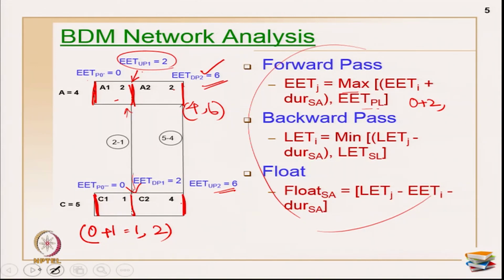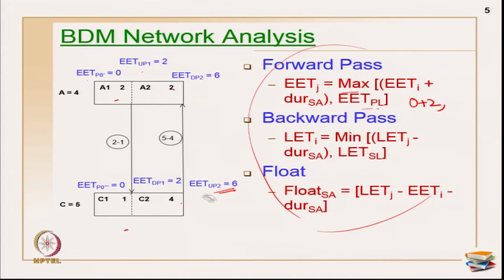Okay. Now, let us erase this, so that it is easy to show the late event times. Now, let us see the backward pass. Backward pass, we have stopped at this particular point. So, this will be my starting node with which you have to start the backward pass.